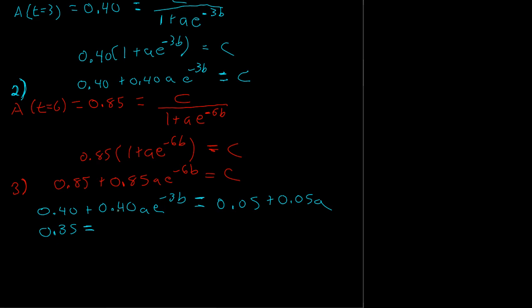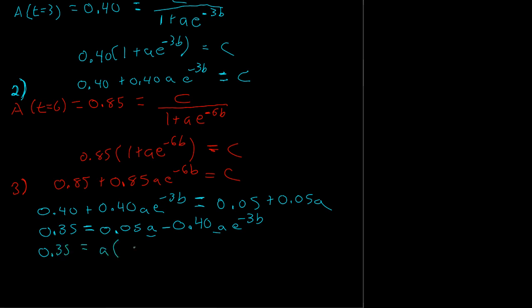I'm going to subtract this from the left-hand side, so that on the right-hand side I have 0.05a minus 0.40 a e to the negative 3b. Notice that both of these have an a. So I'm going to pull the a out front.